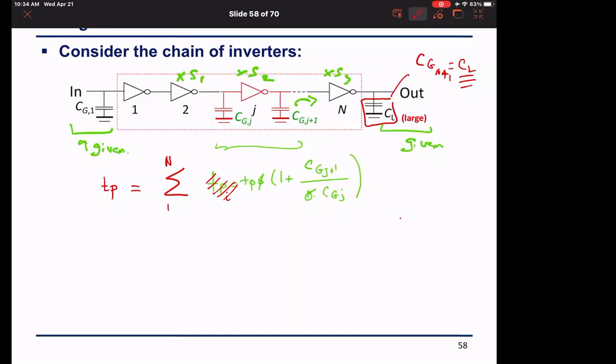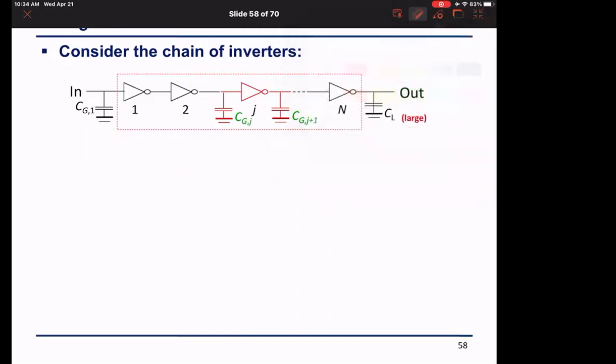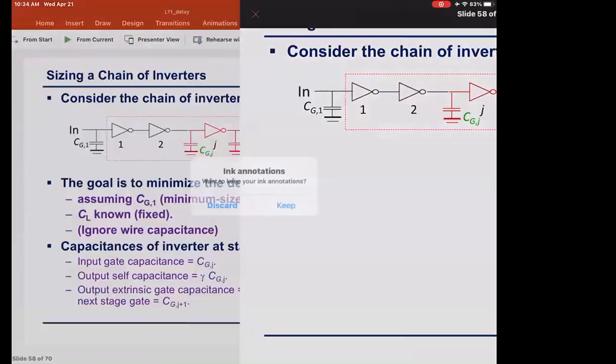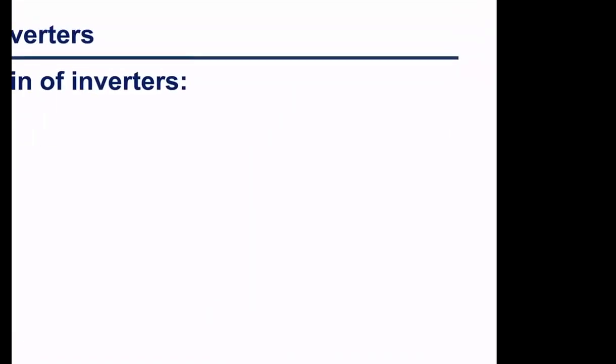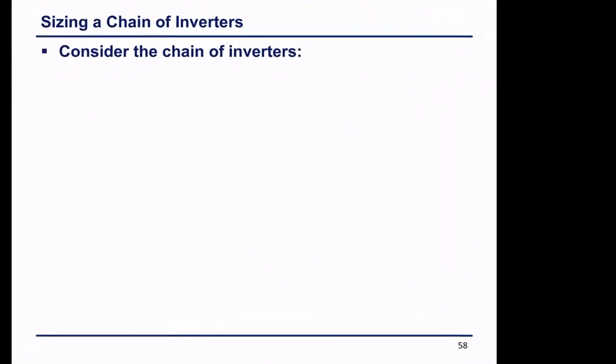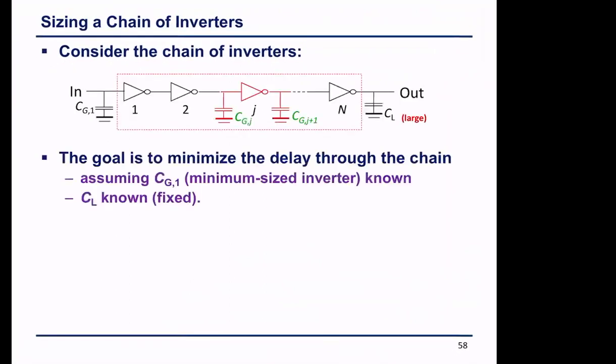Let me clear all the markings here and let us see what the slide is going to tell us. If we look at the slide here, the goal is to minimize the delay, knowing that CG1 is known, C load is known and fixed.